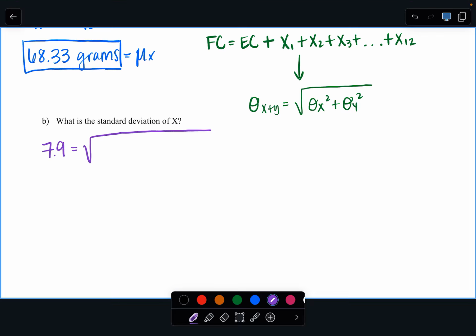So I'm going to have 1.7 squared, and then technically, though we're not going to write it like this the entire time, it's going to be the weight of each egg, all the way up to X12, squared. Make that look a little better.